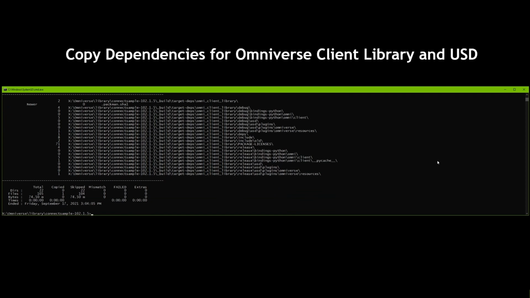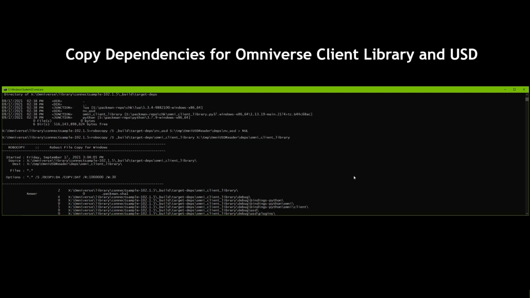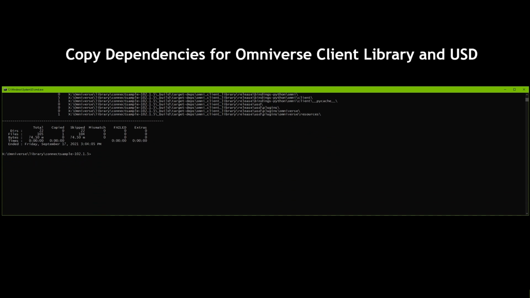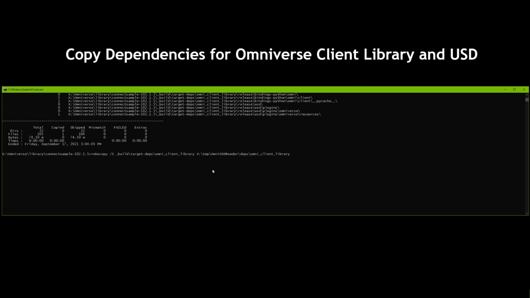Now I'm going to grab the Omniverse client library. And when I pasted there, it actually pasted inline. So let me fix this here. We're going to go to the S drive.